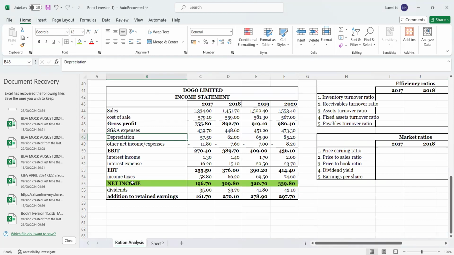So for us to be able to calculate the net profit margin, we have the sales that we had, minus all the expenses: the office expenses, tax expenses, other expenses, depreciation.